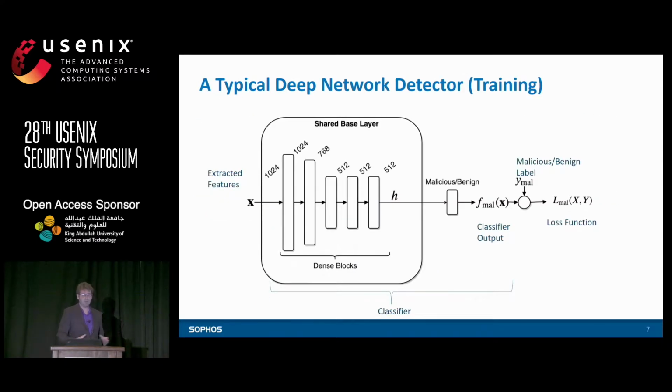So the way the deep neural network detector works during training is we take some featurization of a malicious or benign sample. We pass that through the network using a forward pass. We get an output score, and then we compare that against the ground truth label using a loss function. We evaluate the loss, and then we update our network so as to minimize that loss.